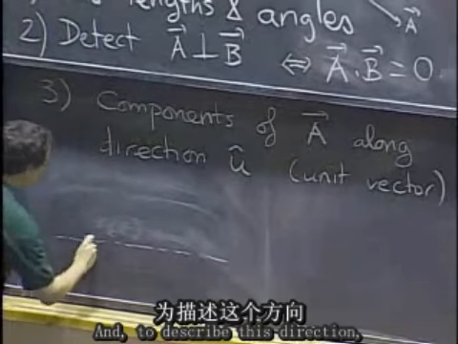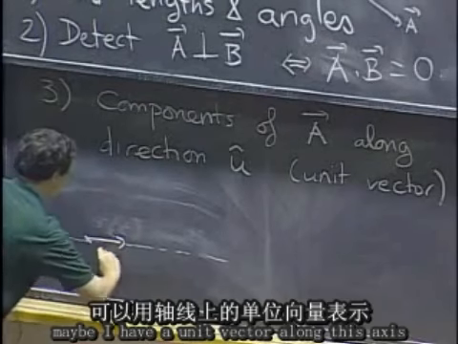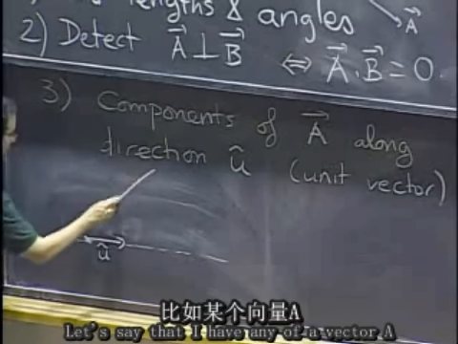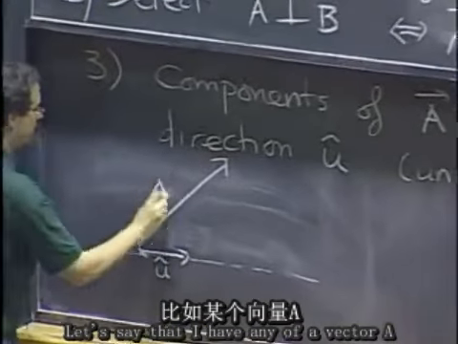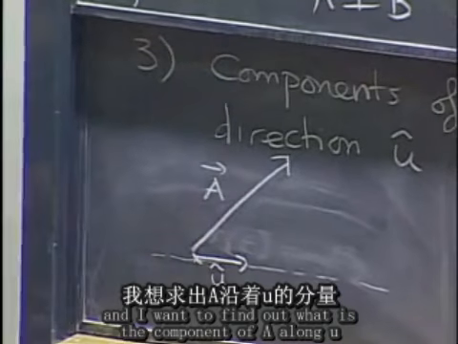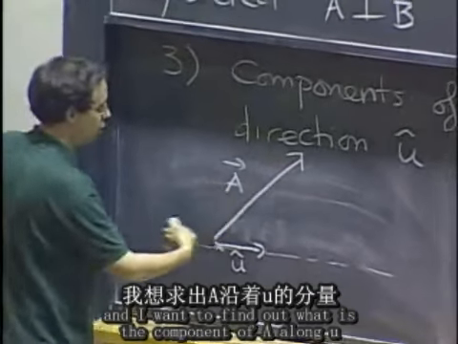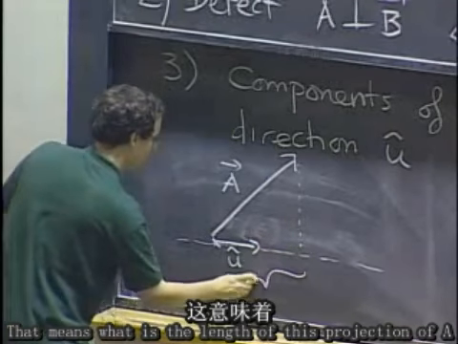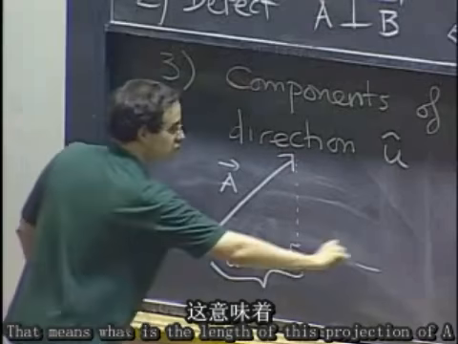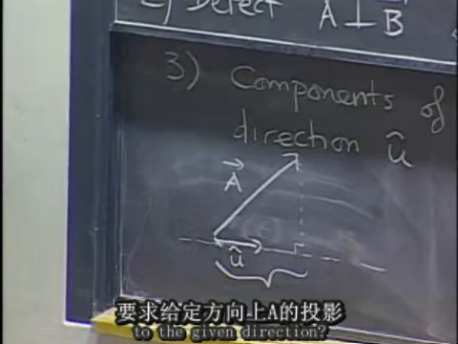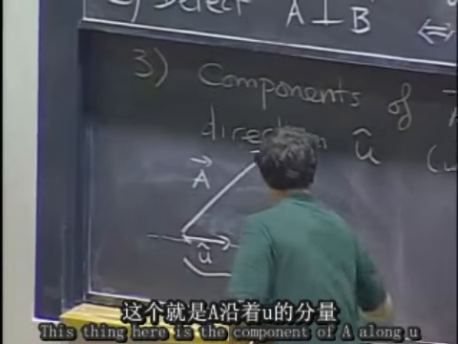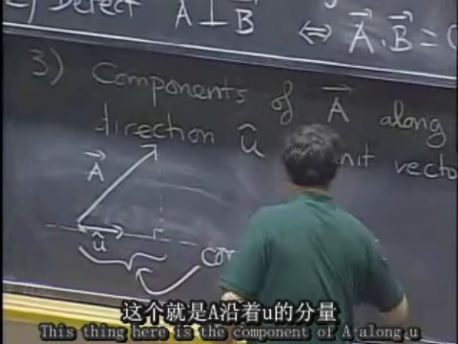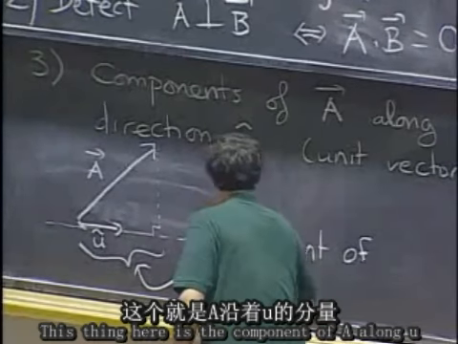To describe this direction, I have a unit vector U along this axis. Let's say I have any other vector A, and I want to find the component of A along U. That means the length of this projection of A onto the given direction. So this thing here is the component of A along U.